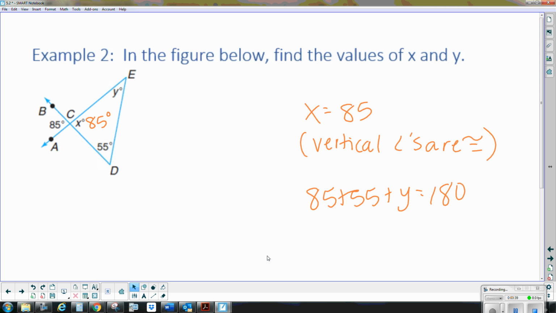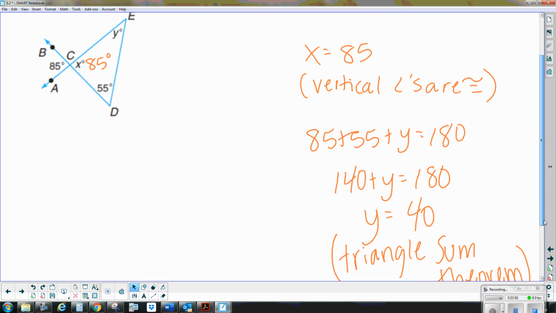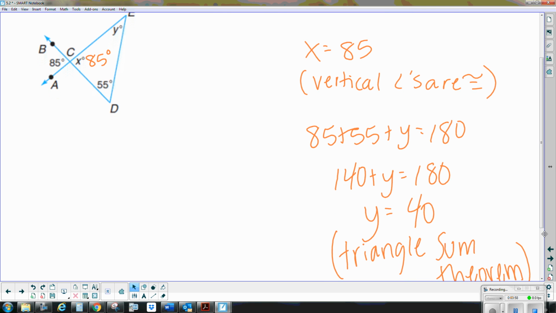Then I can solve for y by adding like terms and isolating my variable. So 140 plus y equals 180. If I subtract 140 from both sides, I get y is equal to 40. And I know that's true because of the triangle sum theorem.